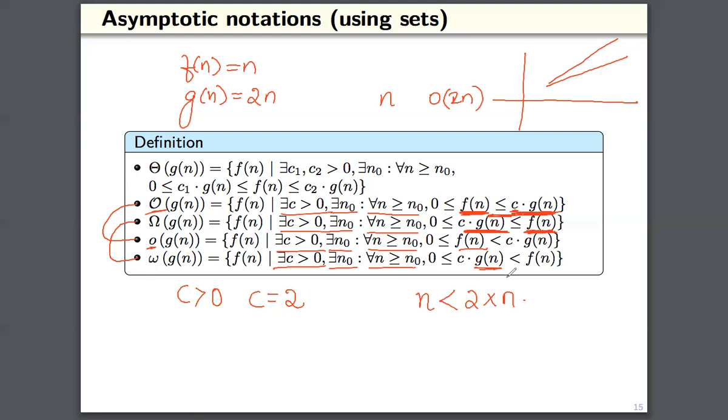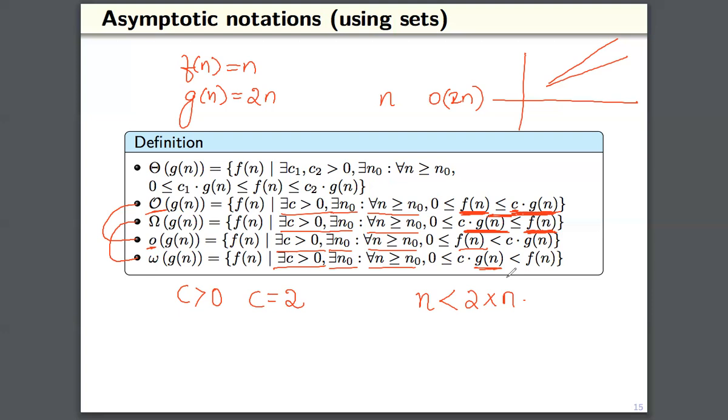Let's see. Yeah, so for all n greater than 0, it satisfies this condition, right? Yeah, I also think it should be for all n. So for all n greater than 0, it satisfies this.